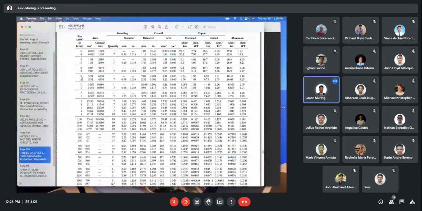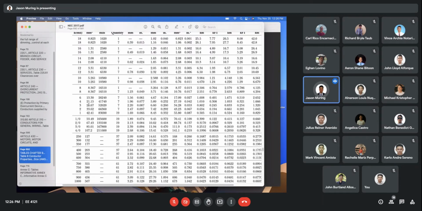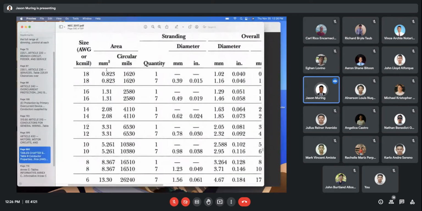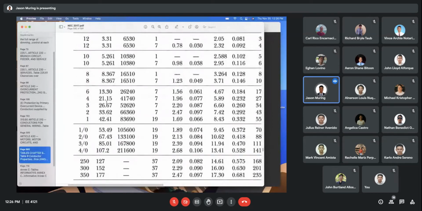So that is number 4. The equivalent, 21.15, is 4 mm squared, and it's approximately equal to 22, so therefore we use this number for AWG. And that's the trade size for number 4 AWG, so 22 mm squared.